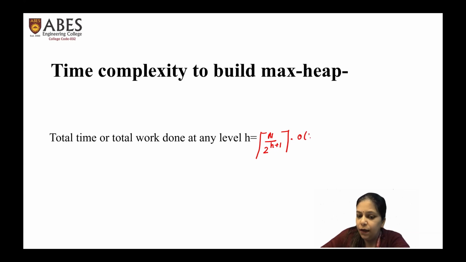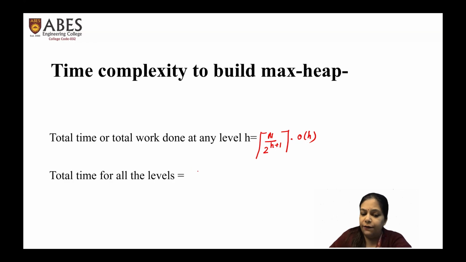This is given by O of h. So the total work done at any height h will be given by ceiling n upon 2 raised to the power h plus 1 into O of h. So for all levels, this value becomes summation of h equals 0 to log n of n upon 2 raised to the power h plus 1 times O of h.